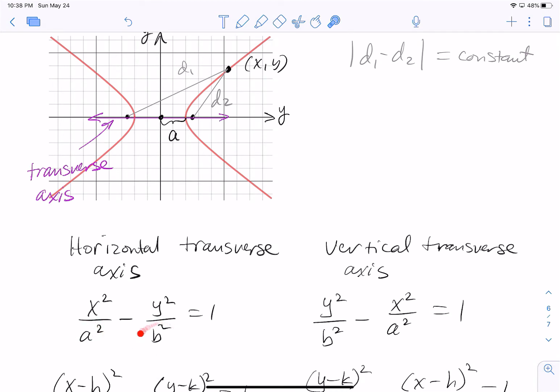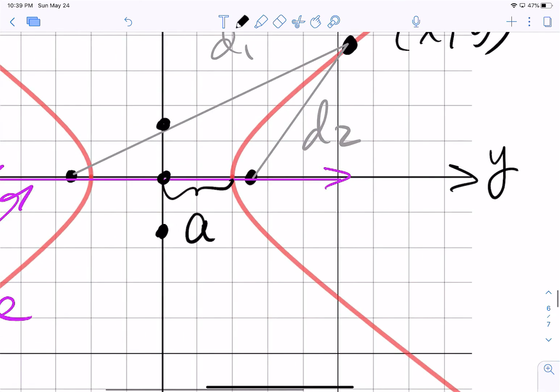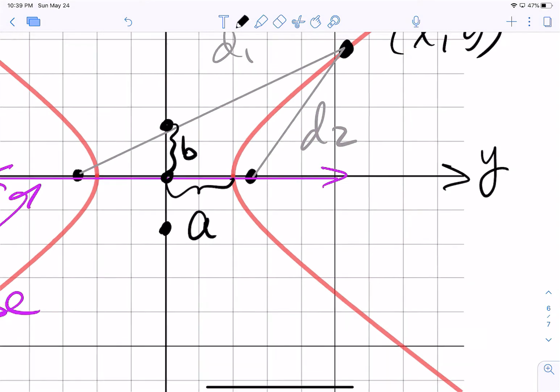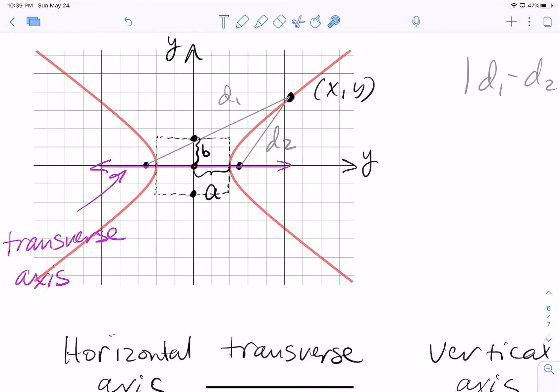B, which could be bigger or smaller than a, shows up in an orientation that's perpendicular to the transverse axis. And a and b together define a rectangle. That rectangle is called the fundamental rectangle. It has dimensions 2a by 2b.